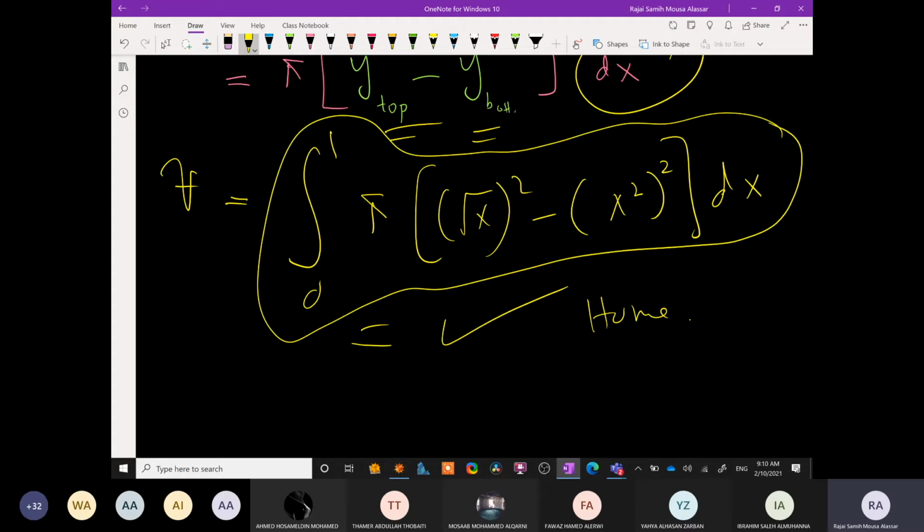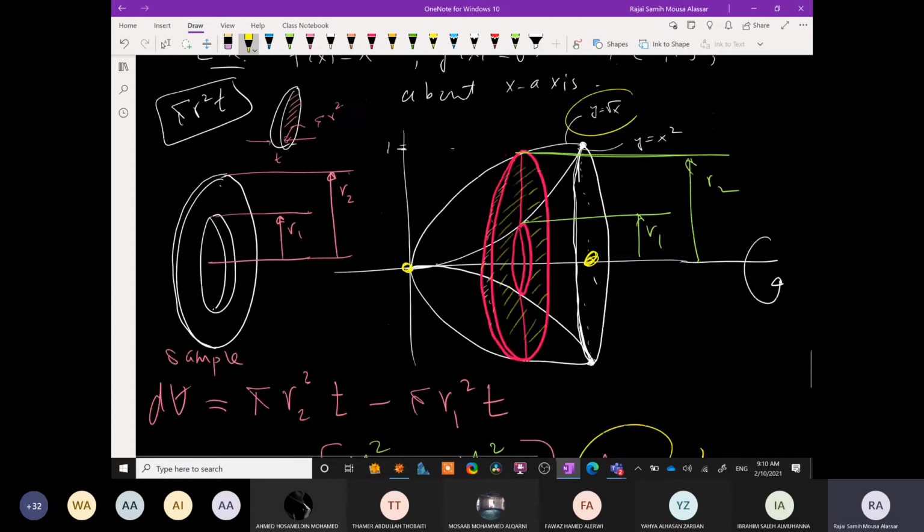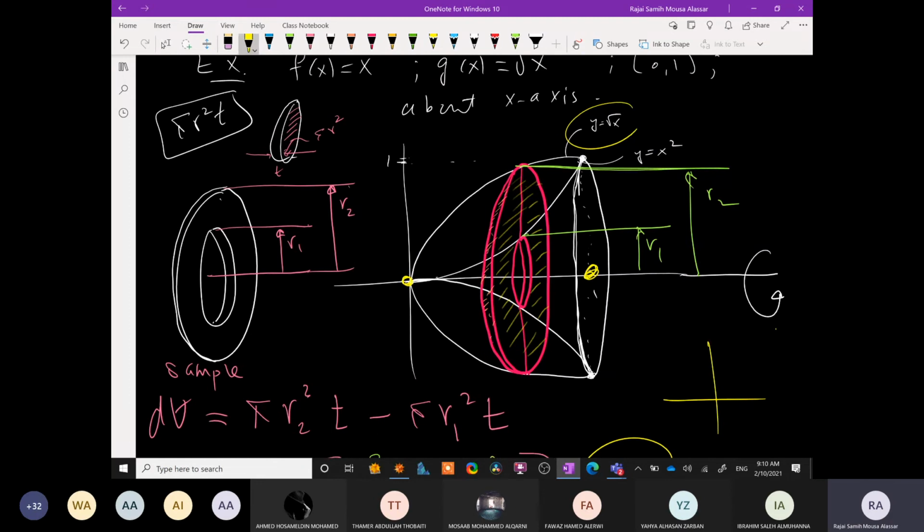So x squared is the bottom function because x squared goes like that, and the square root of x goes like this. R2 is the bottom, R1 is this function, yes?